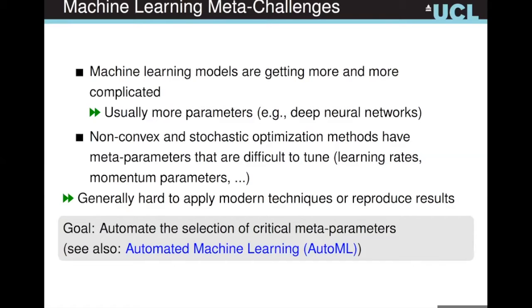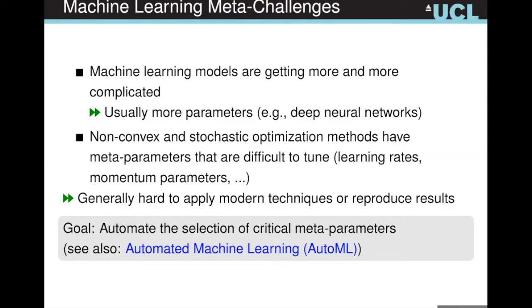So we are going to look today at a way to automatically select critical meta parameters, such as learning rates, just as a higher level example. There is a field called automated machine learning that is looking at exactly this kind of problem, but we are going to look at a subset of automated machine learning, which is Bayesian optimization.